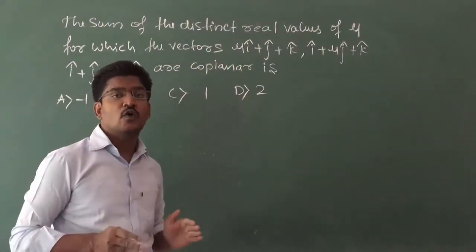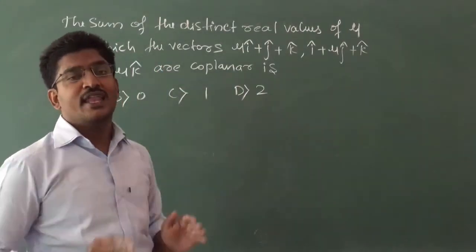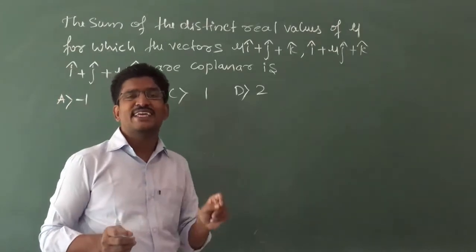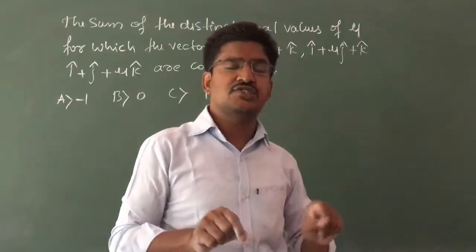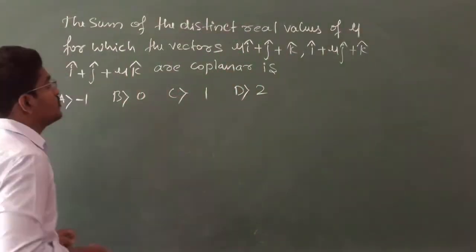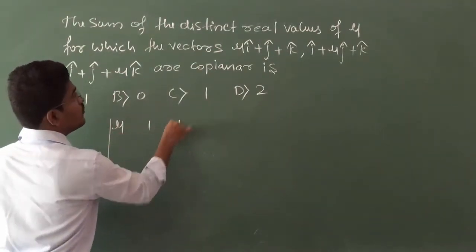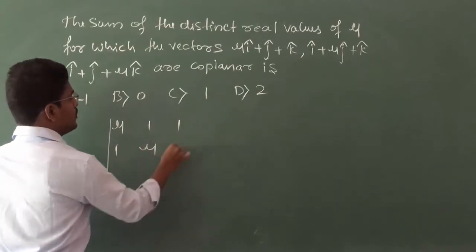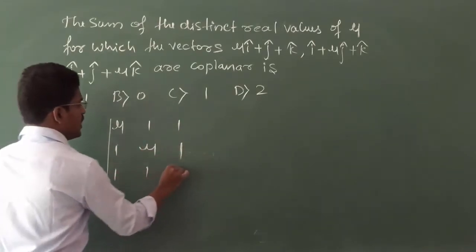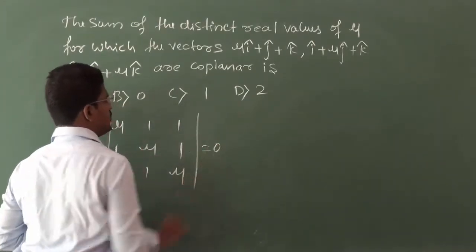So as you all know, if it is coplanar, then the determinant of the coefficient matrix of the vectors must be equal to 0. So that is mu 1 1, 1 mu 1, 1 1 mu must be equal to 0.